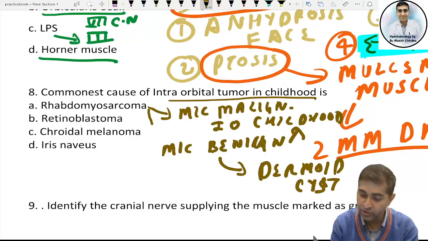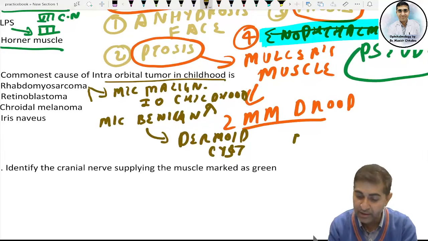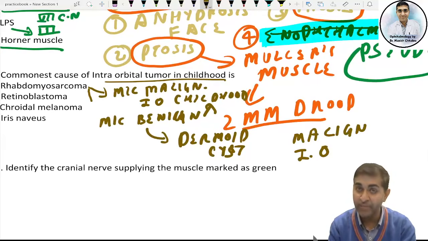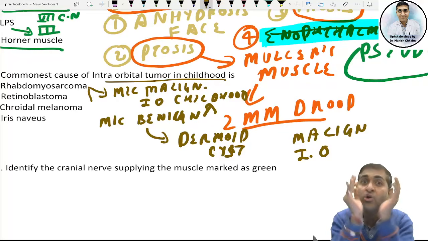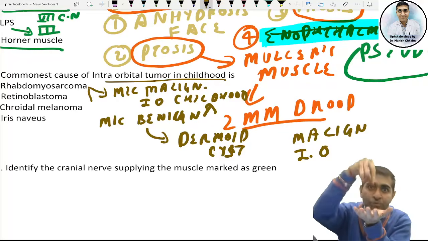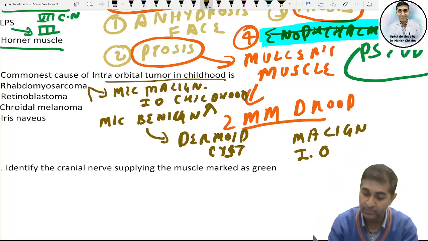If we are doing childhood, let's talk about adulthood as well. Most common malignant intraorbital. Mind you, I am saying intraorbital, I am not saying intraocular. Intraocular means inside the eyeball. Intraorbital means between the eyeball and the orbit, or inside the orbit.